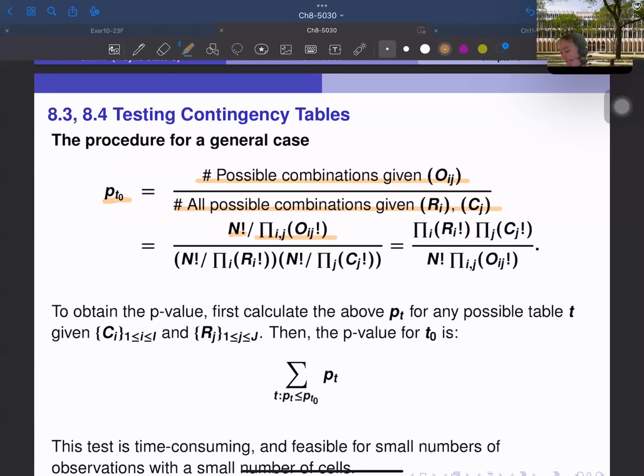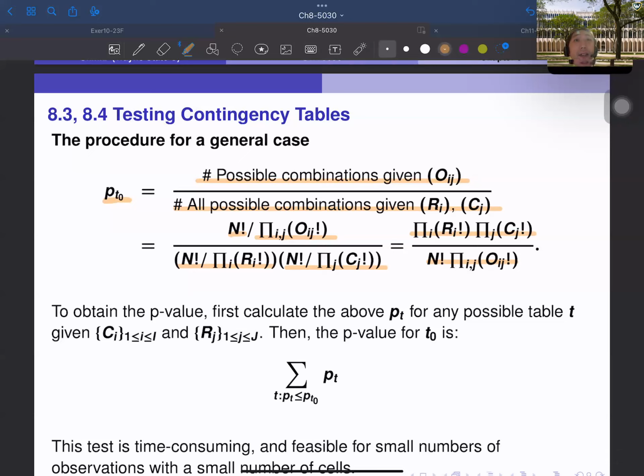And that is this part. And for the denominator, we calculated 6 choose 3 and 6 choose 2, but in general, we can write that in this way. If you simplify slightly, then we get this. Still, it looks like a complicated formula, but basically R calculates this for all possible tables. So that takes a lot of time, so it can only apply to smaller tables. So that is Fisher's exact test.